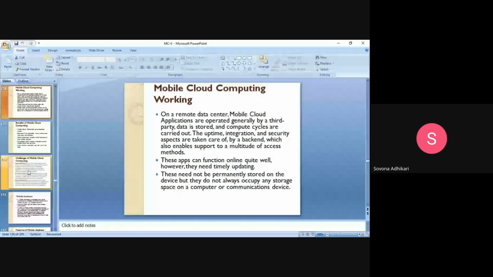We already know from the first slide that data processing and data storage are present outside of the devices, so they do not occupy any storage space on a computer or communication device.